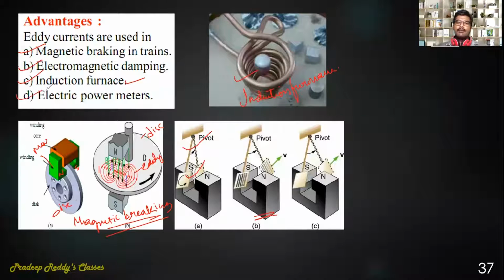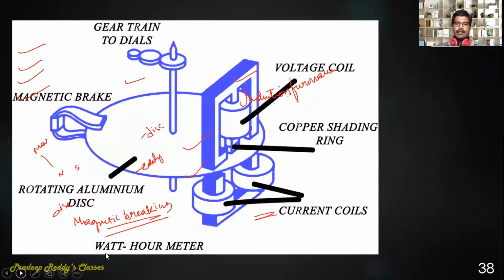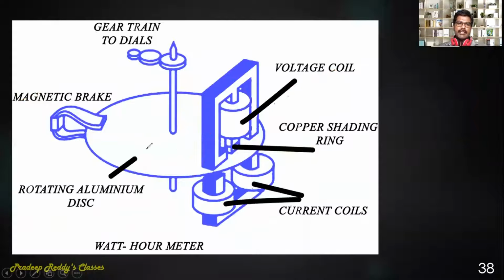And the other one is electric power meters. Of course, electric power meters are now being replaced with digital power meters. But in olden days, we used to have these kinds of meters. So there will be a disc, and this is an aluminum disc. This aluminum disc used to rotate depending upon how much current is passing through it.